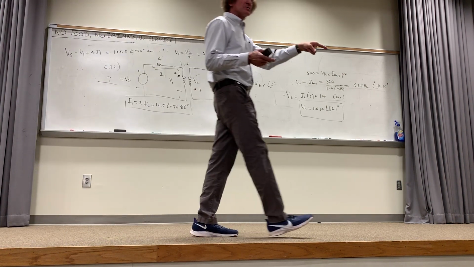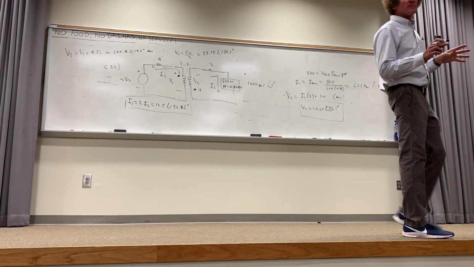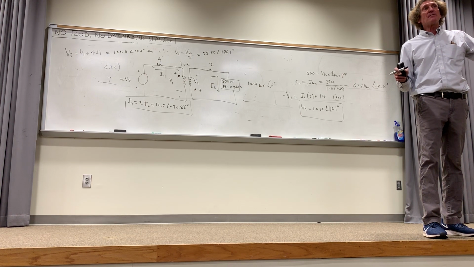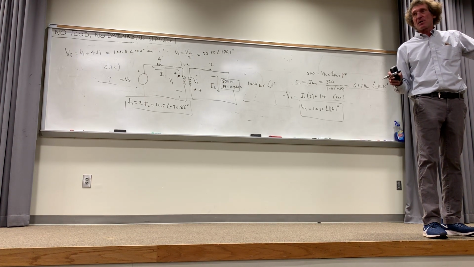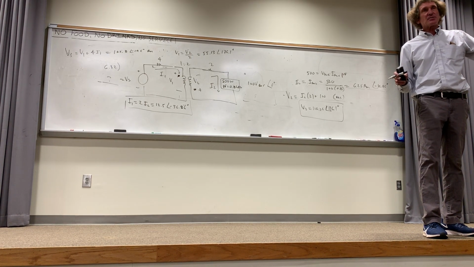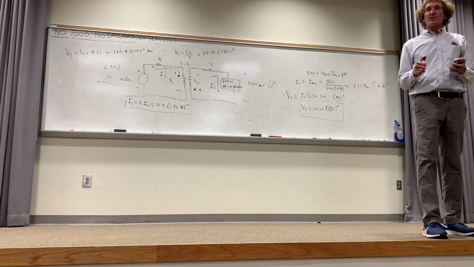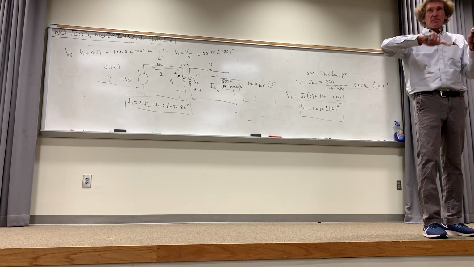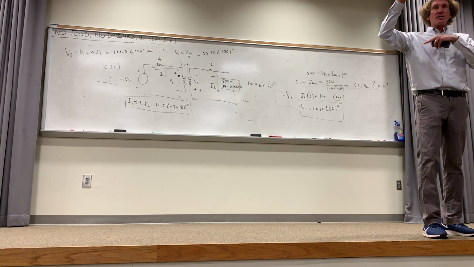Your wall voltage here is about 117. It's usually labeled as 120. That's an RMS value. The peak value is close to 200 if you multiply 120 by square root of 2. So if you get an oscilloscope, you know what that is, and you measure it, you will see it bounce up almost to 200, plus or minus.